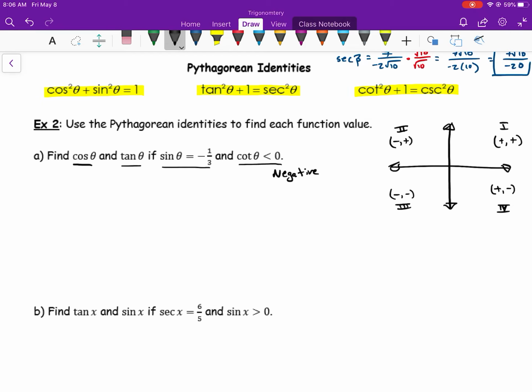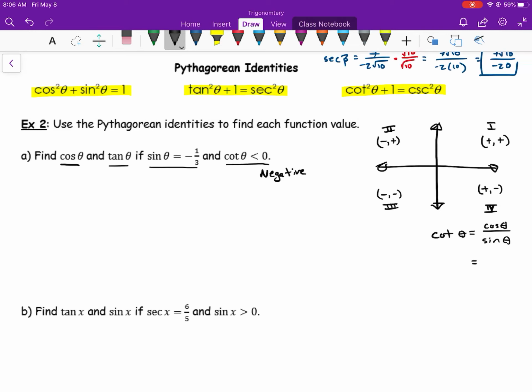Here we have plus plus, negative plus, negative negative, and plus minus for our 4 quadrants. Cotangent of theta is x over y, so that's cosine over sine. So we need plus minus somewhere in there.